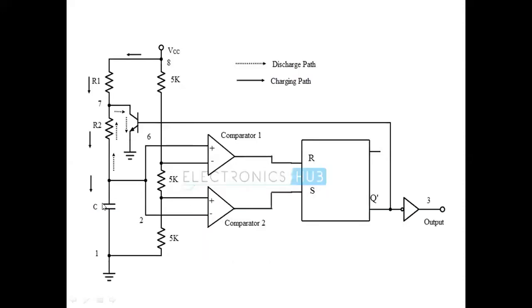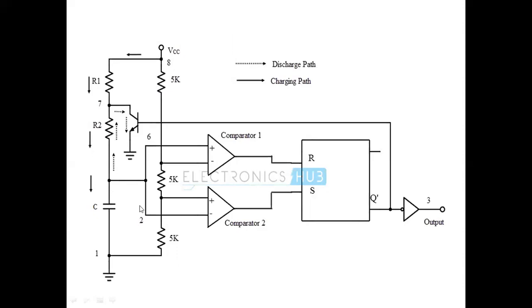So while the capacitor is discharging, whenever the capacitor voltage becomes less than 1/3 VCC, what is the output of comparator 2? By the voltage divider network, we have 1/3 VCC at the non-inverting terminal of comparator 2.